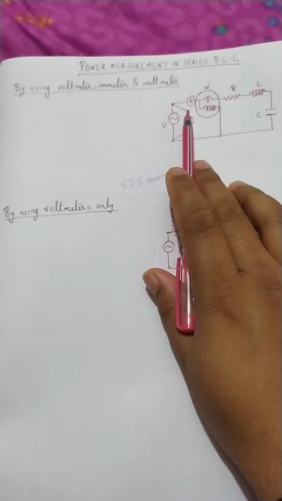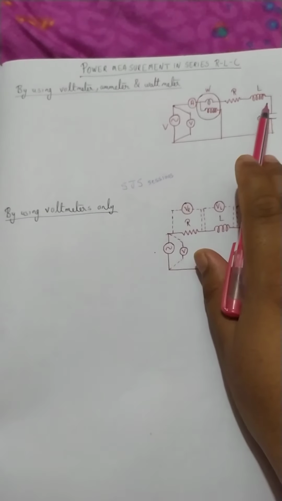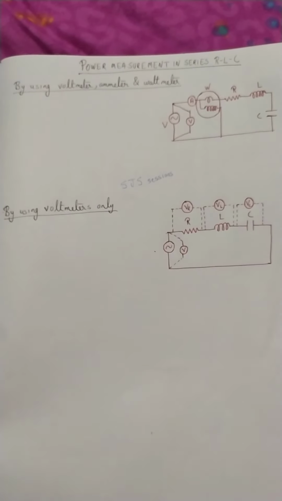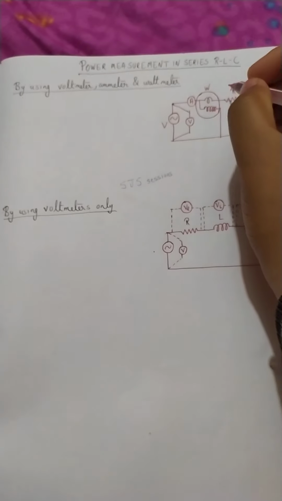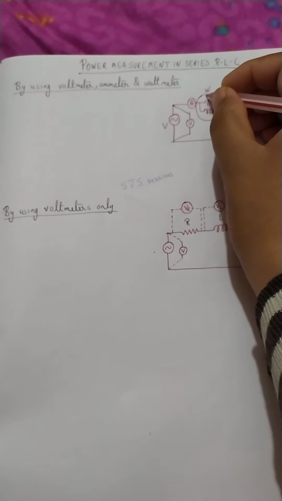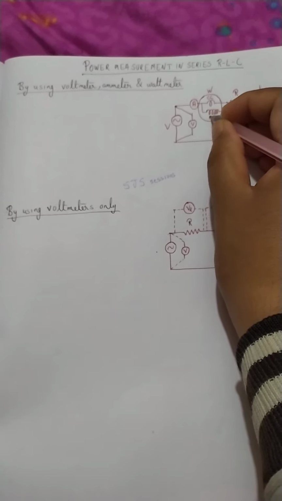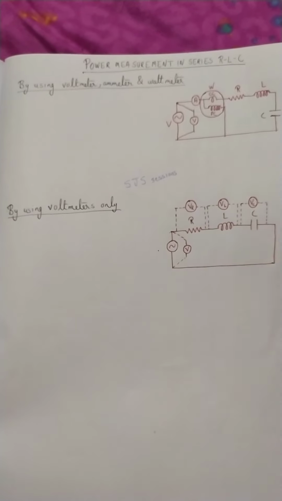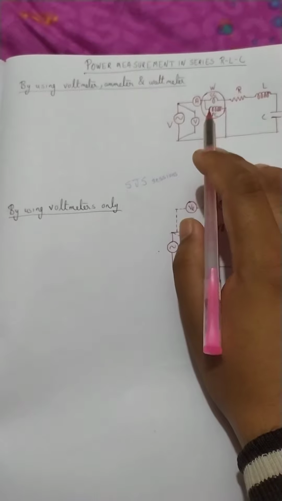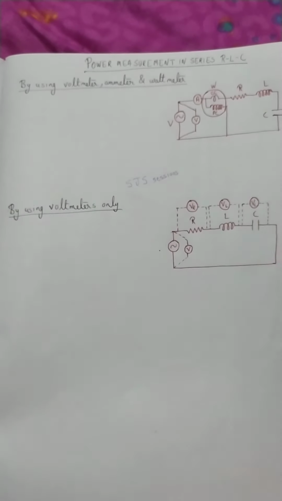We have an ammeter to measure the current passing through the RLC, and a wattmeter to find out the wattage or active power consumption of the circuit. In the wattmeter we have two coils, a current coil and a potential coil. The upper one is the current coil because the entire current passes through it, and the lower one is the potential coil because the full voltage is applied across it.